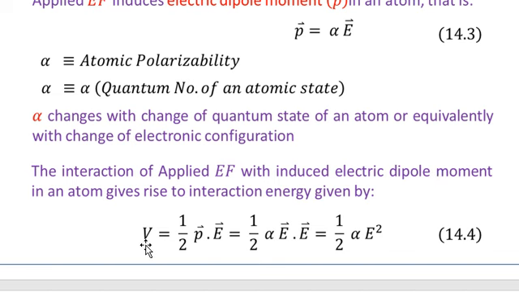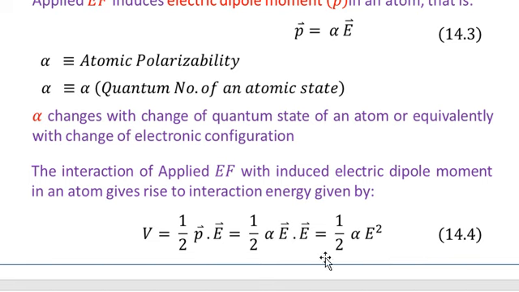That is, capital V, the interaction energy in an atom, is equal to half times the dot product of P and E. If you substitute the value of P from equation number 3, you will get this equal to half into alpha times E dot E, which is half times alpha E square. Here the interaction energy V now depends upon the quadratic value of E, that is, the square of the applied electric field.